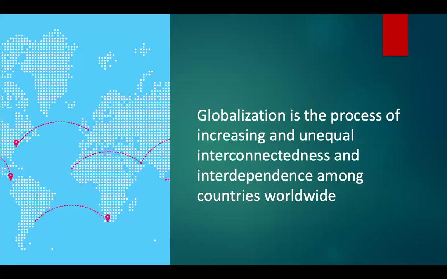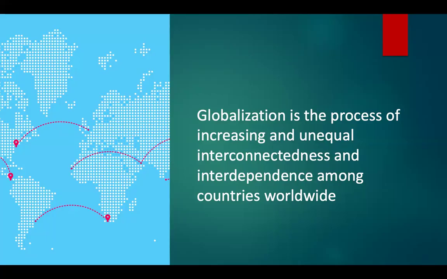While globalization has benefits like economic growth, innovation, and cultural exchange, it also has downsides such as job displacement, income inequality, and environmental degradation.